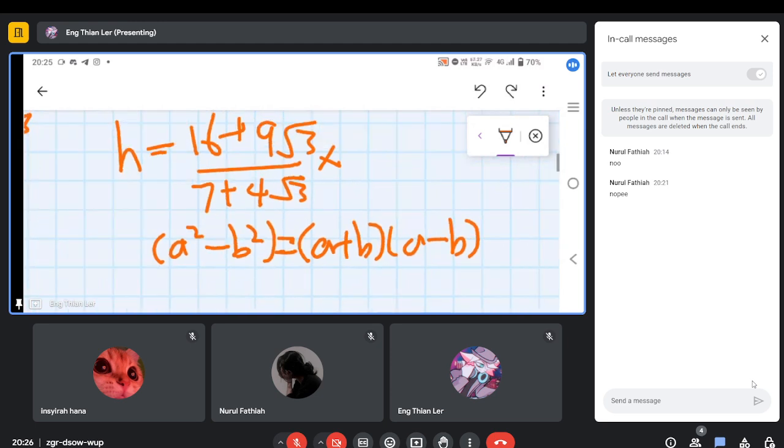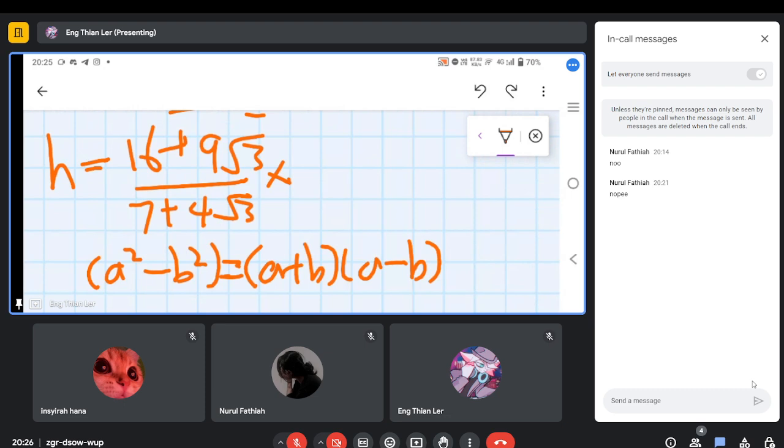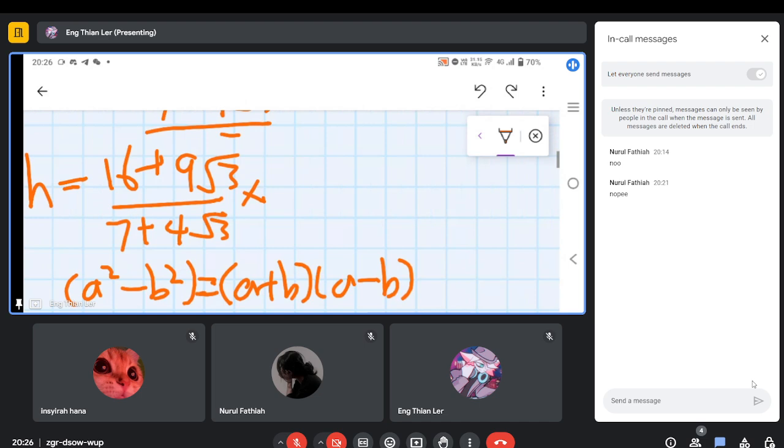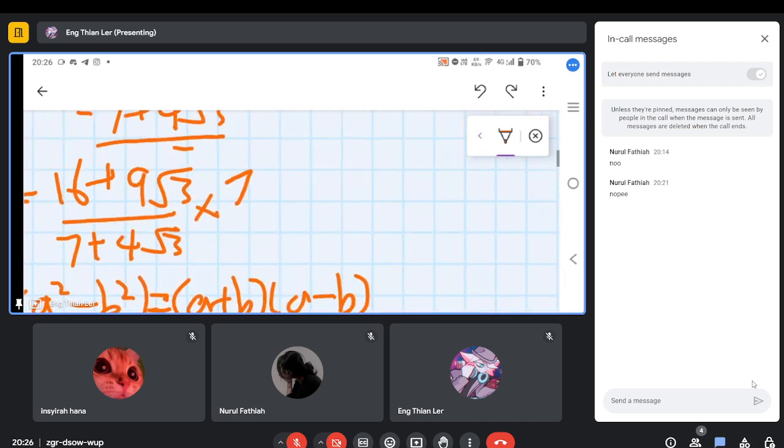Whenever you see a plus, you put a minus; whenever you see a minus, you put a plus. So in this case it's plus, so we put minus: the conjugate is 7 minus 4√3, and we multiply top and bottom so we maintain it at 1.